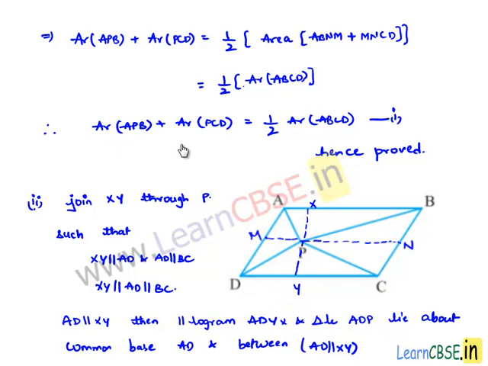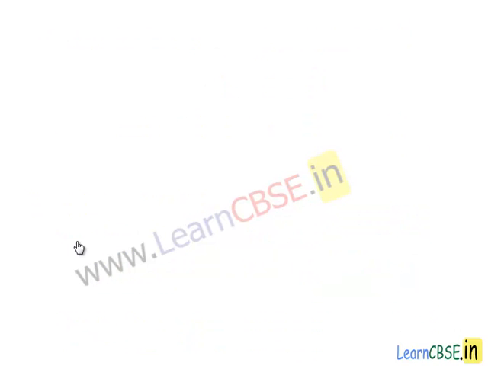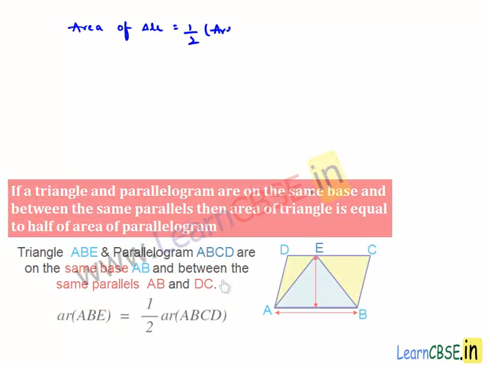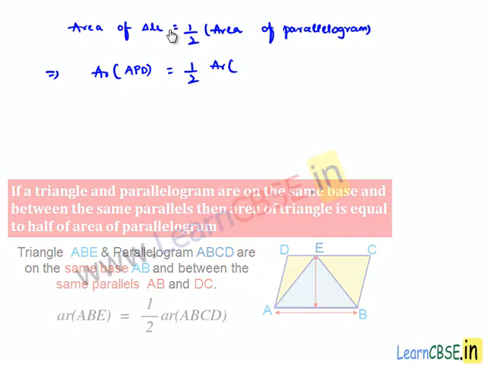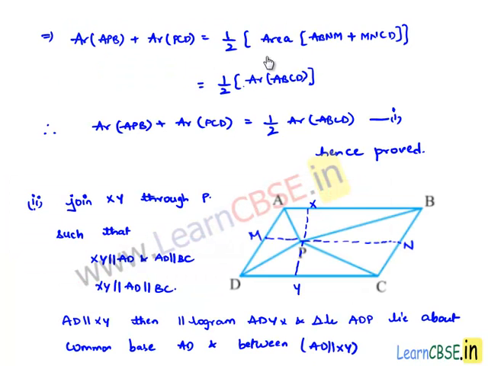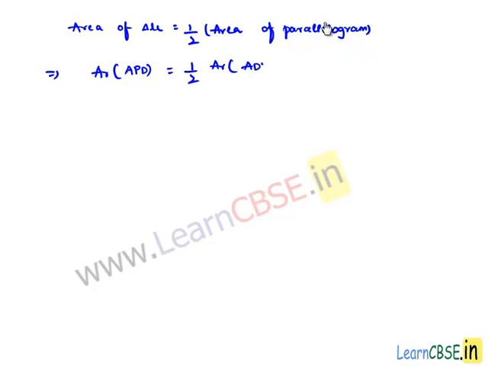Therefore, when a triangle and a parallelogram lie between the common parallels and have the same base, then area of triangle will be equal to half times area of parallelogram. That is, area of triangle APD is equal to half times area of parallelogram ADYX. Let it be equation number 3.